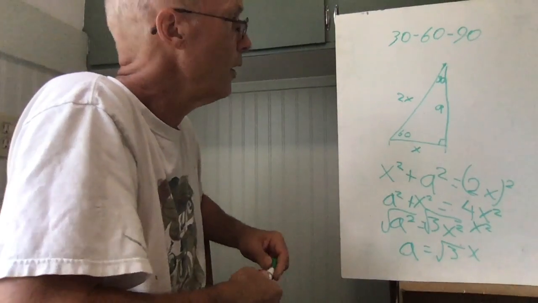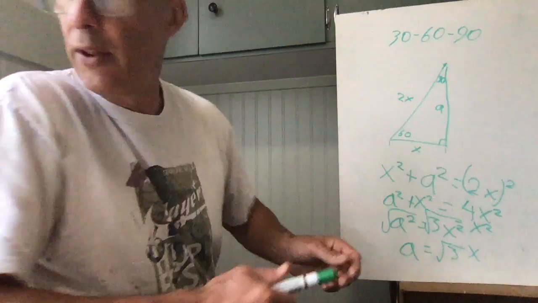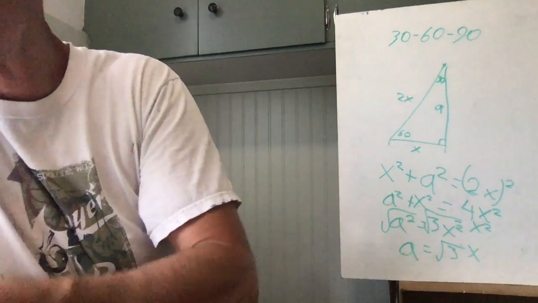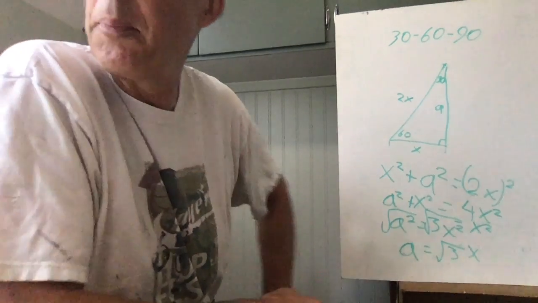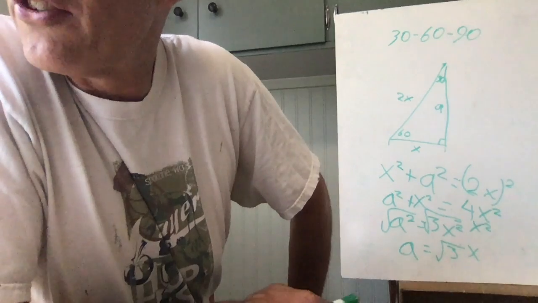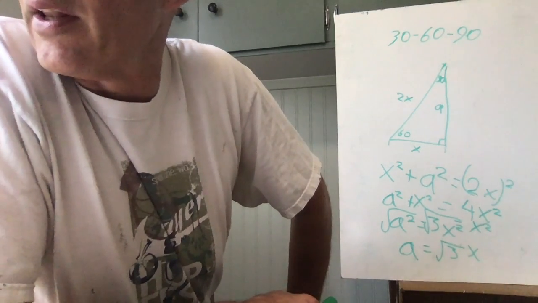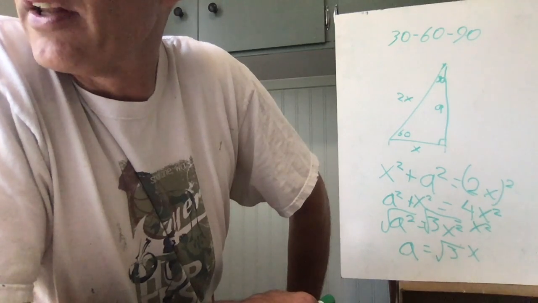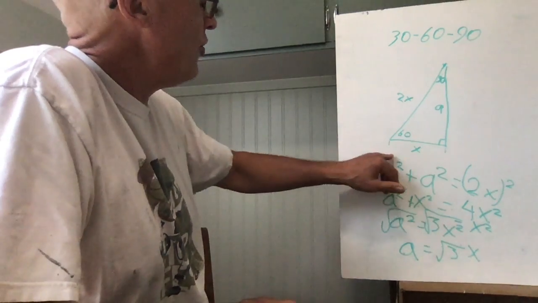Okay? So, this is, sorry, it's on the next page. This is theorem 8.9, and it says that in a 30, 60, 90 triangle, the length of the hypotenuse is 2 times the length of the shorter leg. And you can see that here.